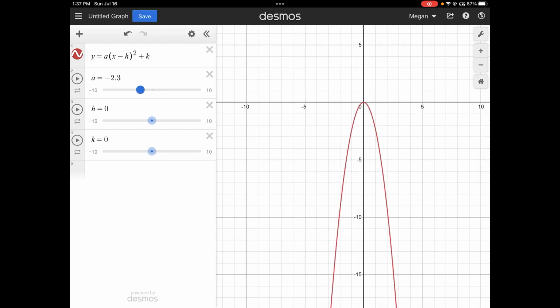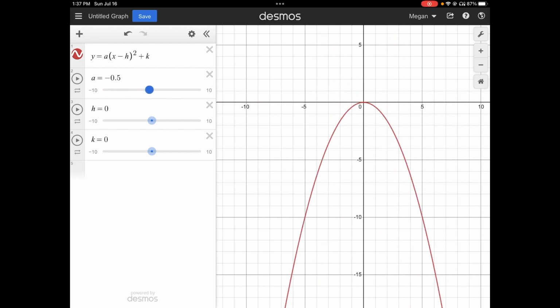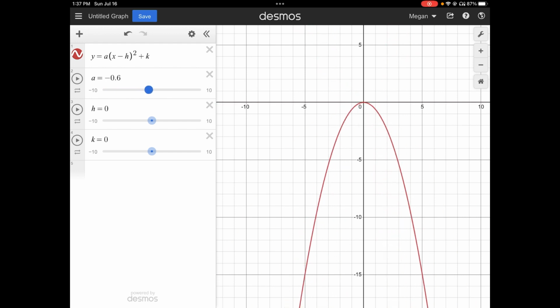And then it's either getting smushed closer. Okay, so you can kind of see what's happening here. You play around with it. It's both smushing and widening, and then flipping up, down.